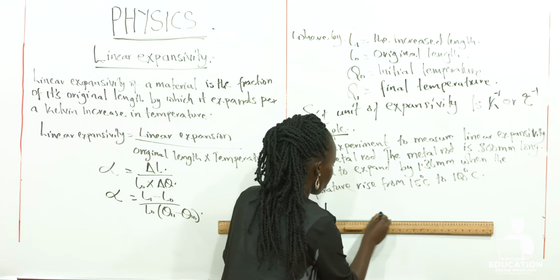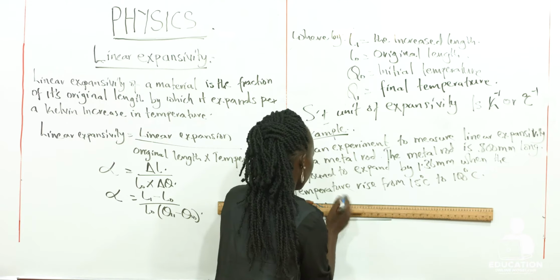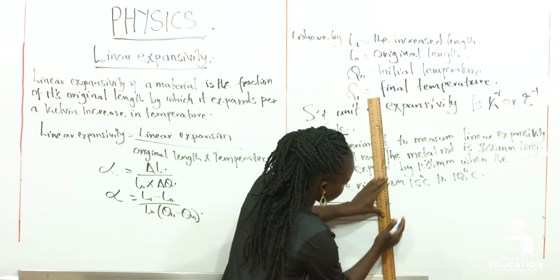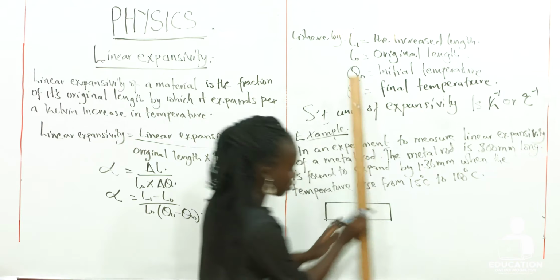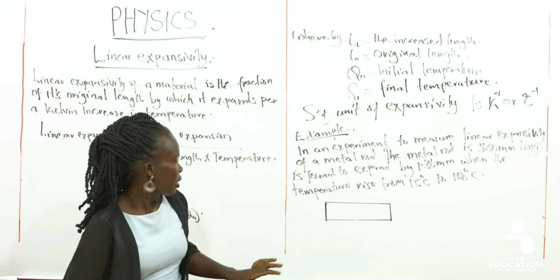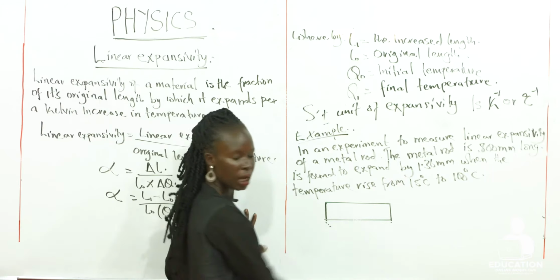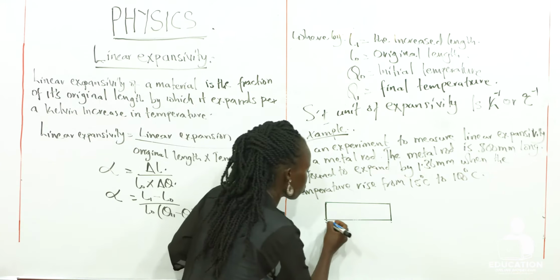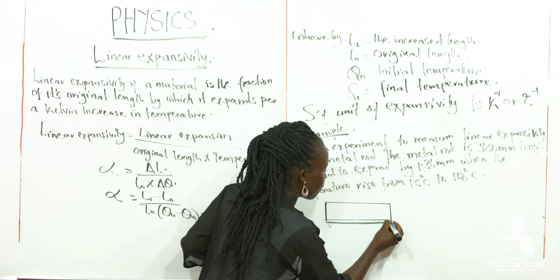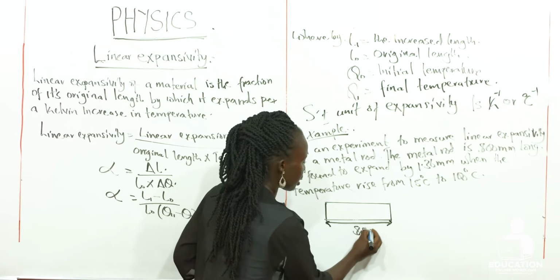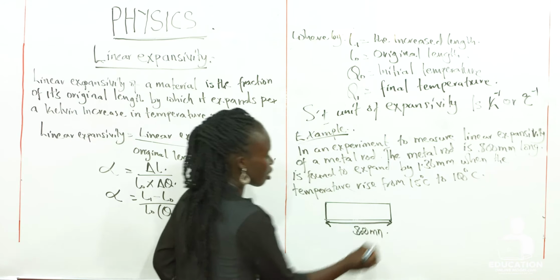Let's have a metal here. So the length is from this point here up to there. This one here has been measured and is found to be 800 millimeters long.